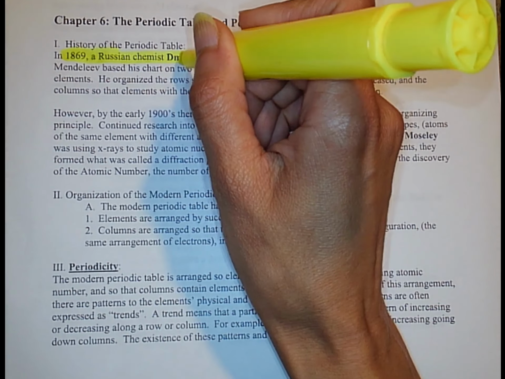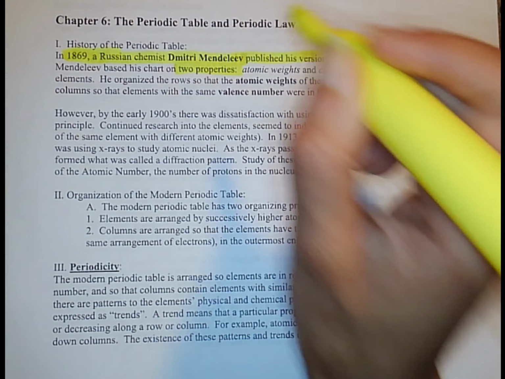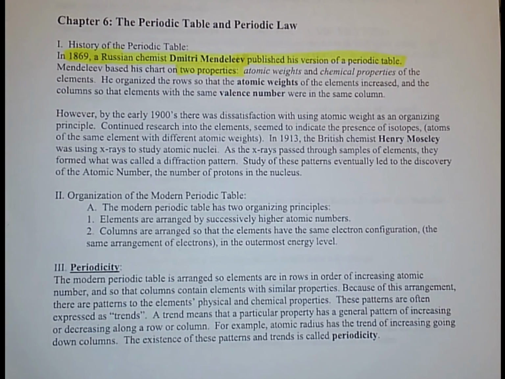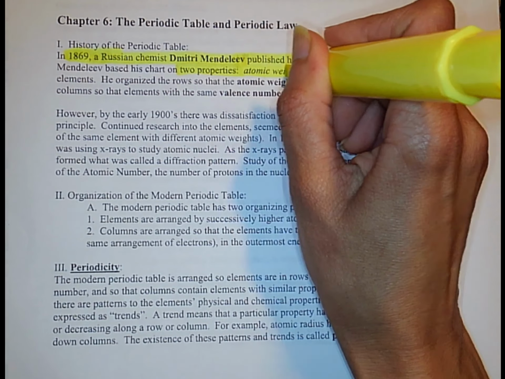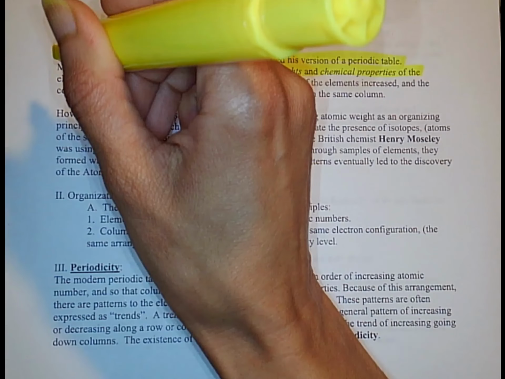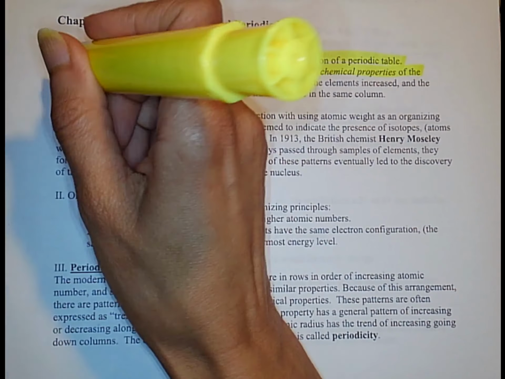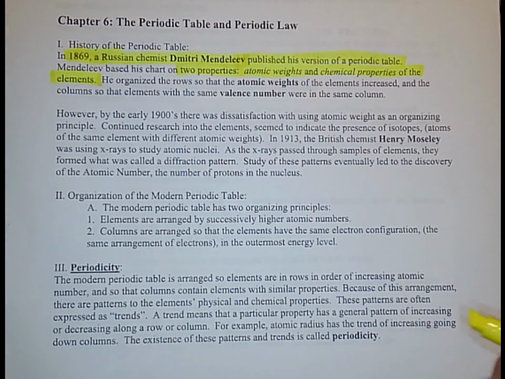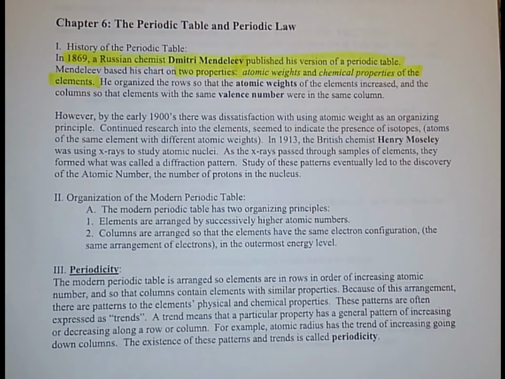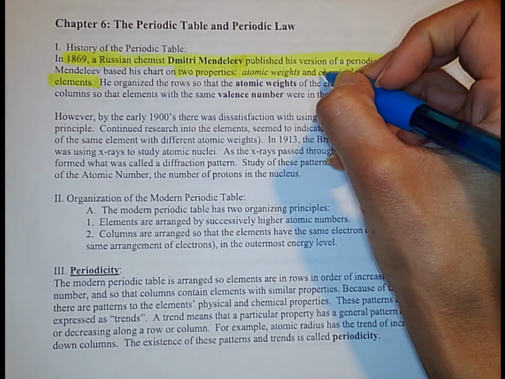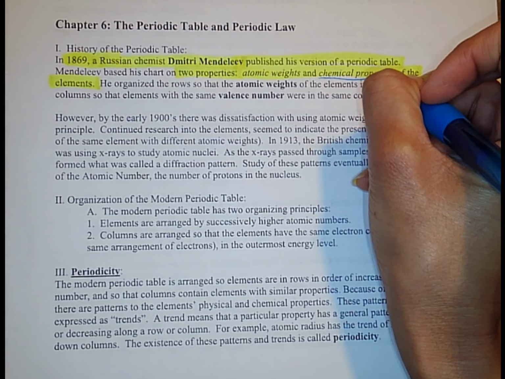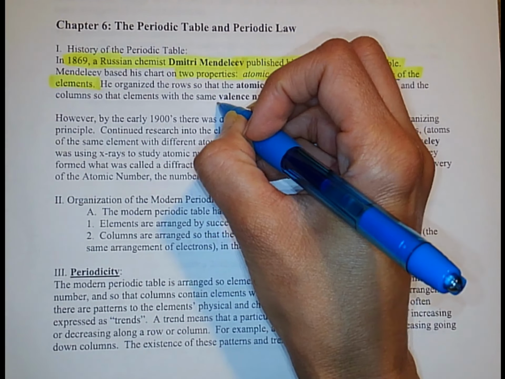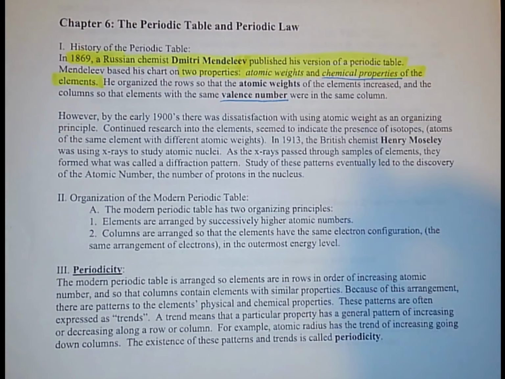Mendeleev's periodic table was based on two properties: the atomic weight and the chemical properties of elements. The chemical properties part of it was based on something called valence, the valence number.